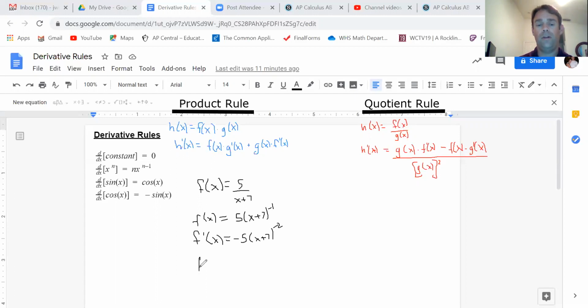And then simplify it. -5 over x plus 7 squared. Okay, so that was doing it with a power rule. What if we tried this one now with a quotient rule? How would we do that?